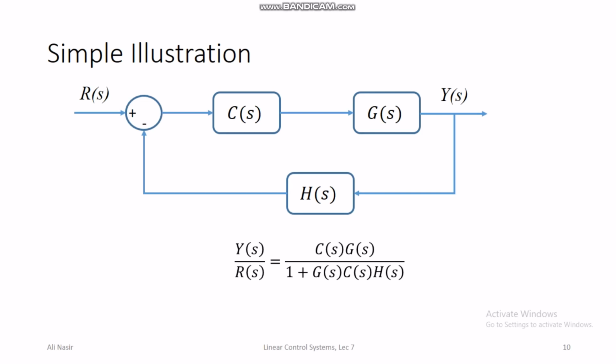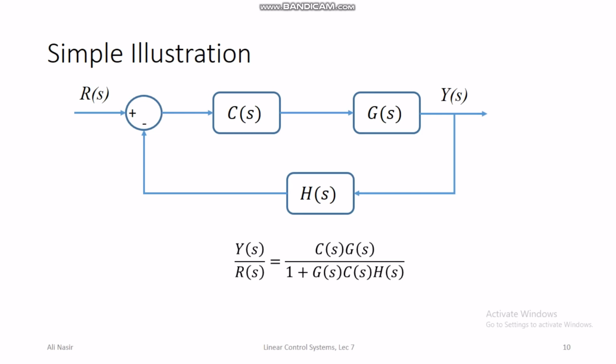This is how we can calculate the transfer functions of a single loop block diagram. We can select any output and any input, and if there is only one loop in the block diagram, we can calculate the transfer function directly by using the formula direct path over 1 minus loop gain.